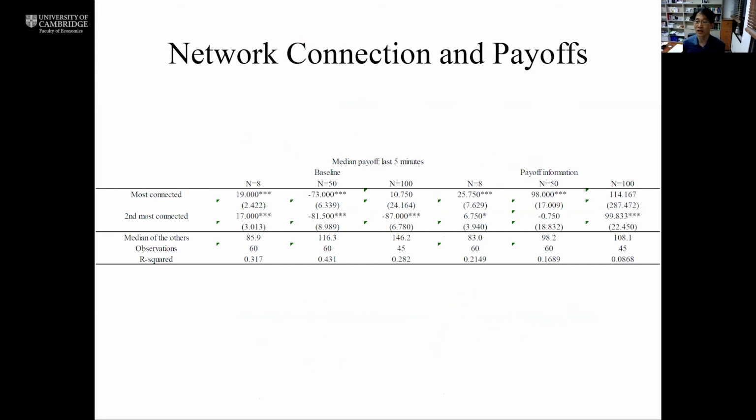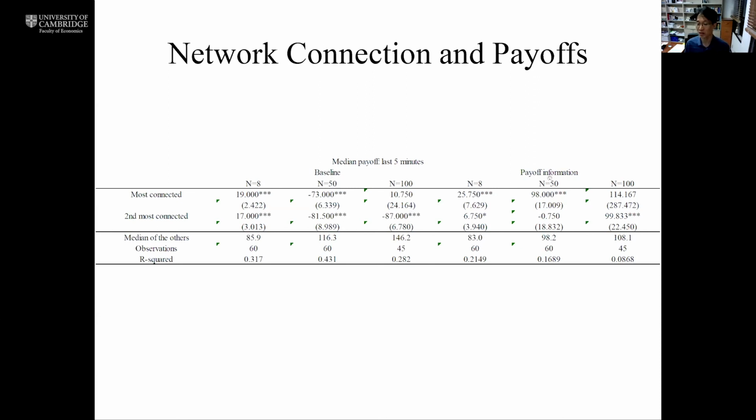And if you run simple OLS regressions about this, and also the median regressions, what you can see here is that in the baseline, which is the first 3 columns, moving from the small group to the large group, the more connected individuals are actually performing worse than the rest of the individuals.